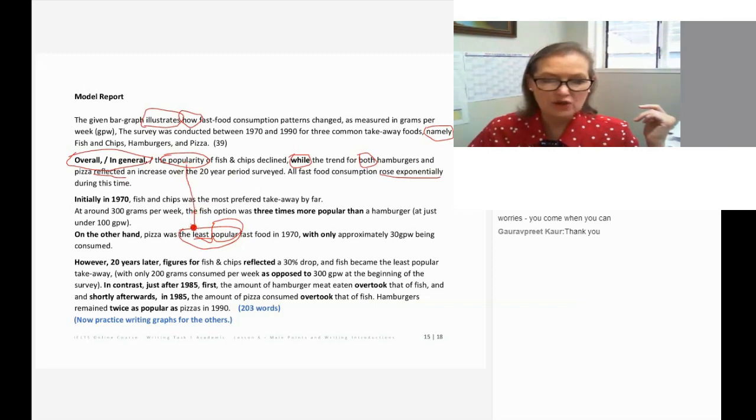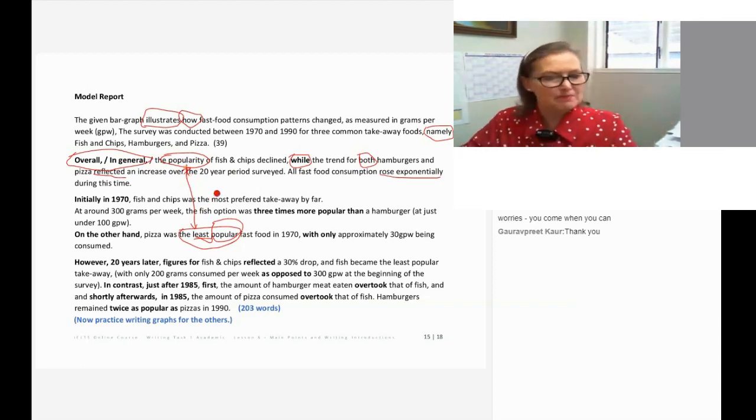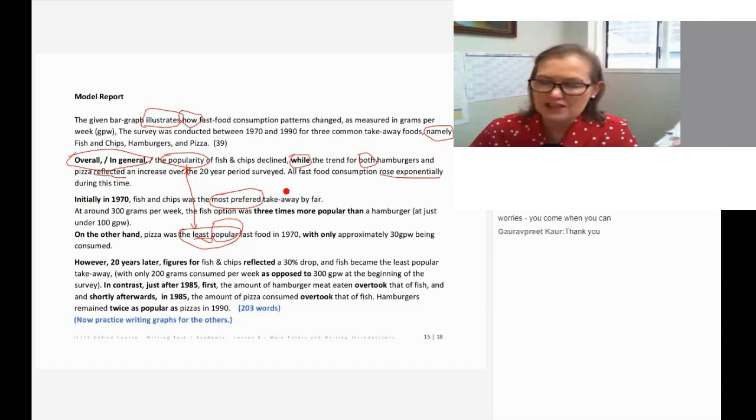And here I'm using a comparative structure with my 3 times. So look for places in the graph that you're going to write about to talk about twice as much or 3 times as much. It gives you an opportunity to illustrate it. And this kind of paints a picture when you say 3 times more popular than. It gives good clarity. And there I'm using my more, my comparative structure, more than.